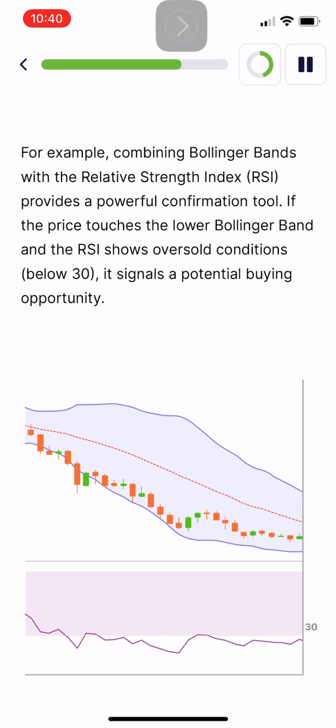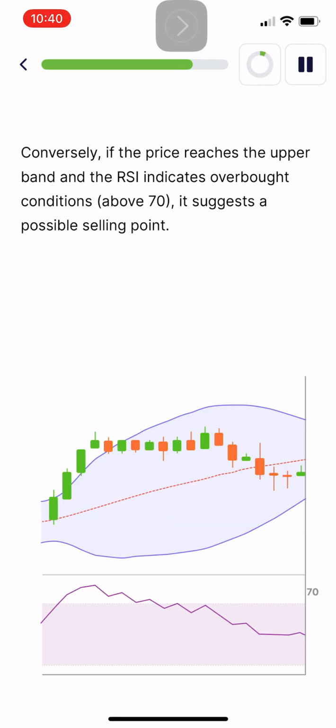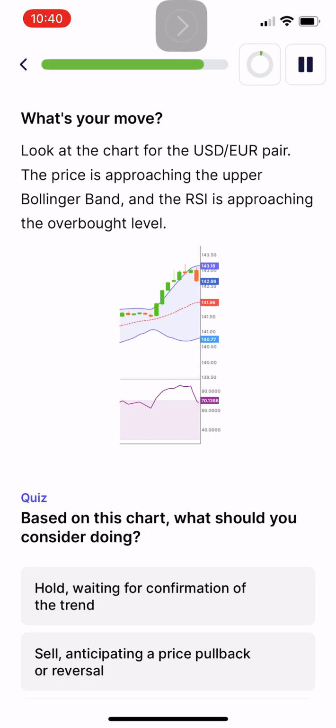If the price touches the lower Bollinger Band and the RSI shows oversold conditions below 30, it signals a potential buying opportunity. Conversely, if the price reaches the upper band and the RSI indicates overbought conditions above 70, it suggests a possible selling point.